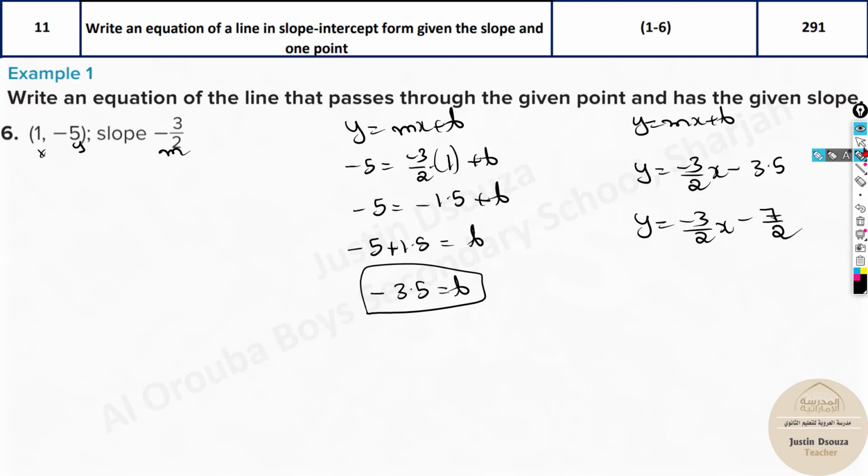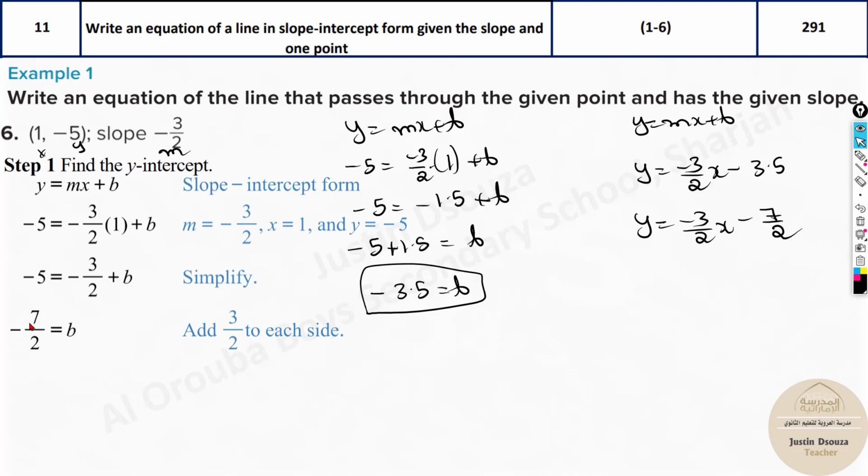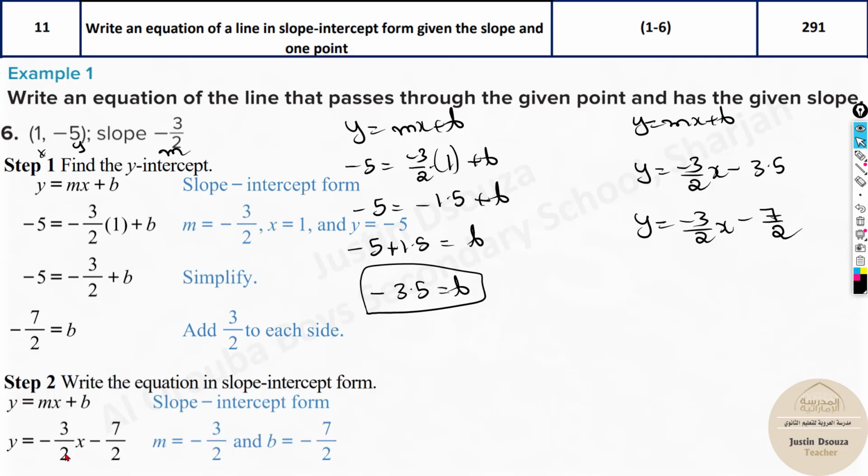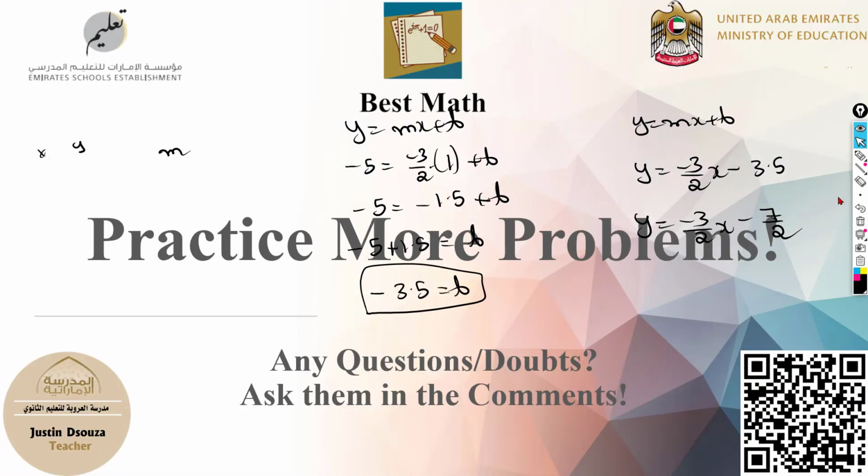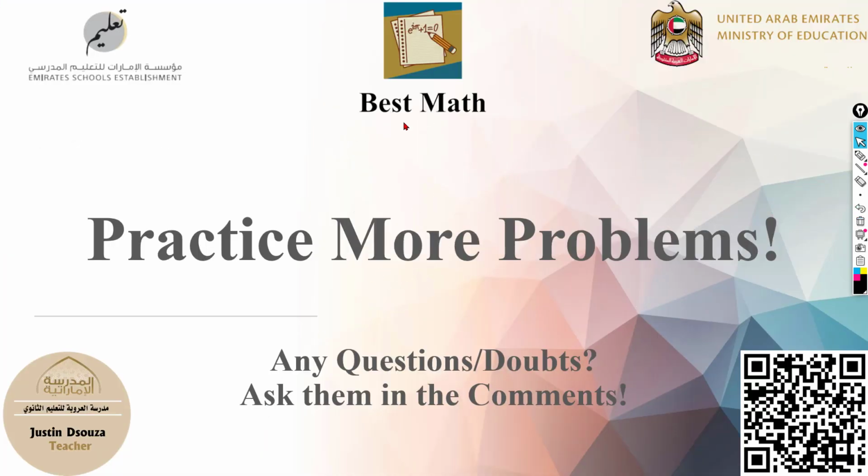This will be the final answer. So it's negative 7 by 2 or negative 3.5. So this would be the answer, negative 3 by 2 x minus 7 by 2. Please do remember the formula, slope intercept form. Remember the substitution, how you exactly do it. First find b and then write the slope intercept form.